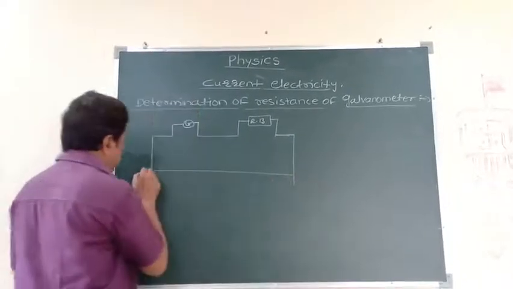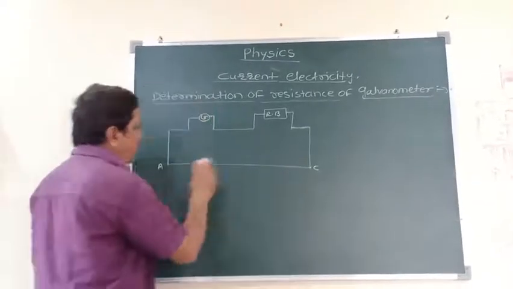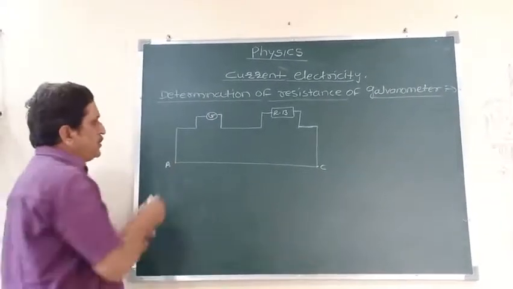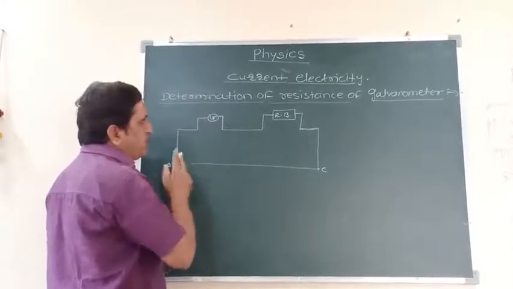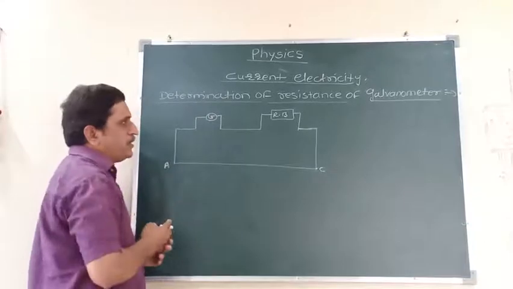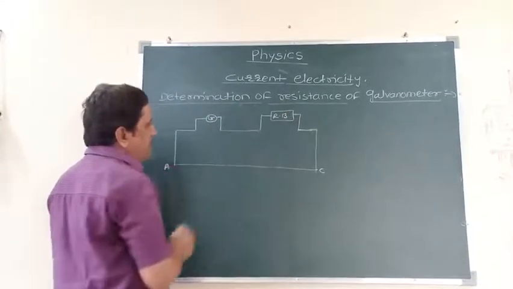Now here point A and point C are the 2 ends of the meter gauge wire. In the left gap, the galvanometer whose resistance is to be determined is connected. Then in the right gap, the resistance box is connected.